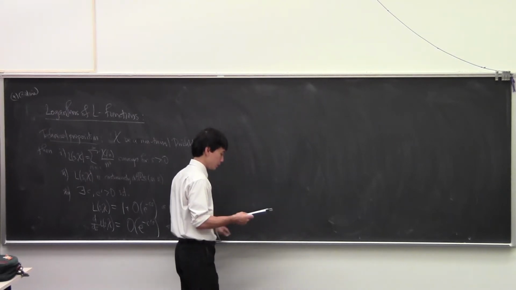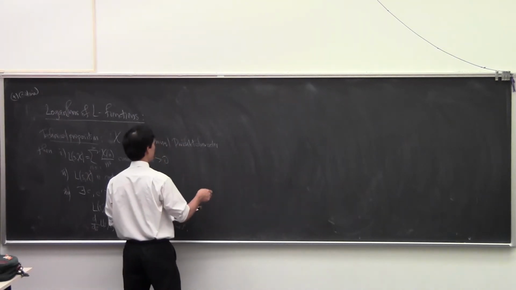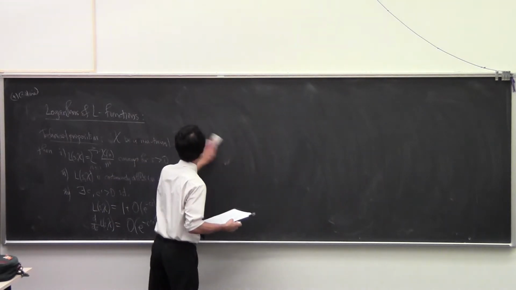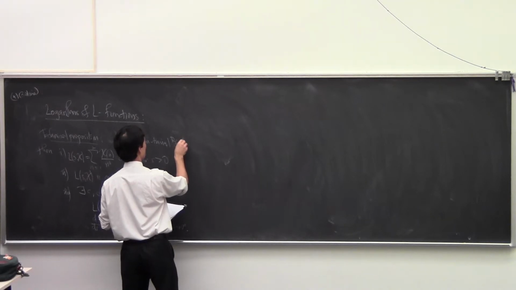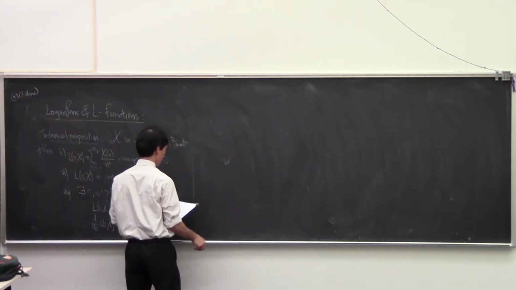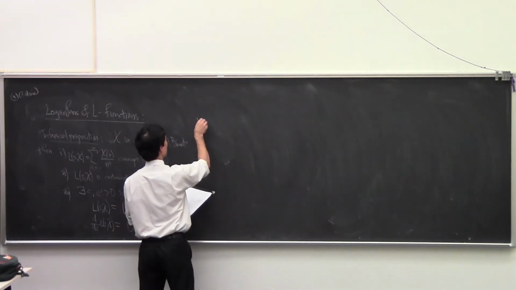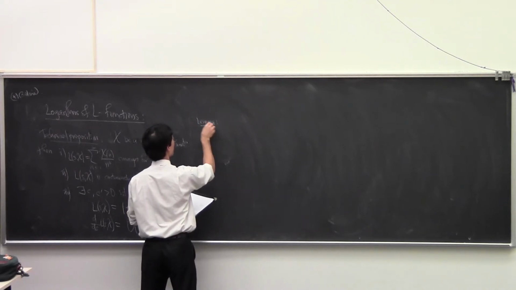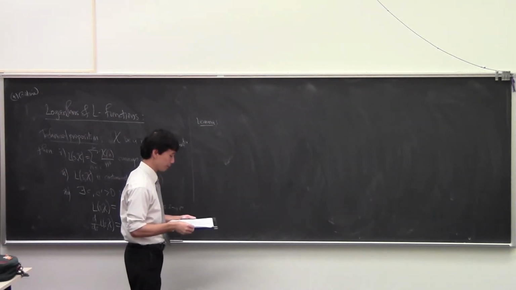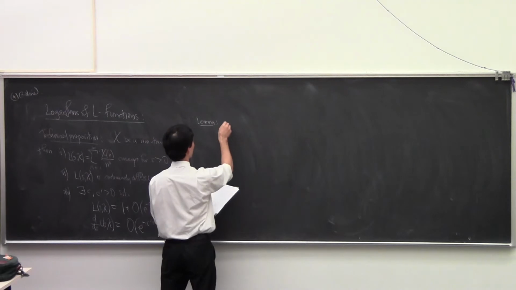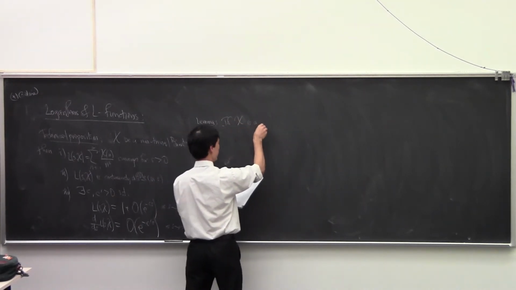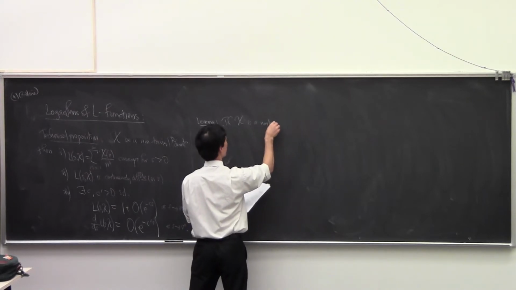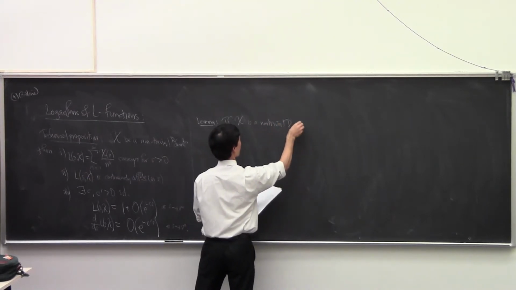Okay. So here is what they call the key lemma. Chi is a non-trivial Dirichlet character.